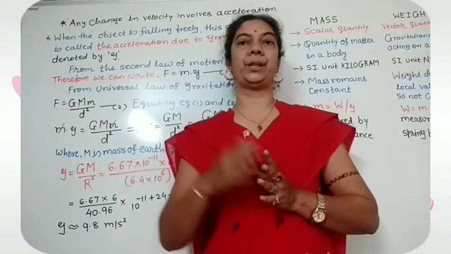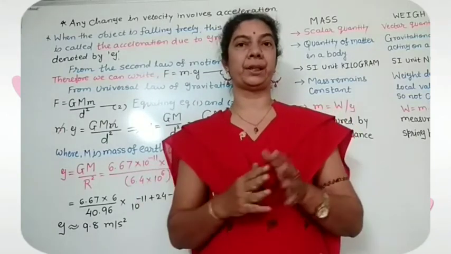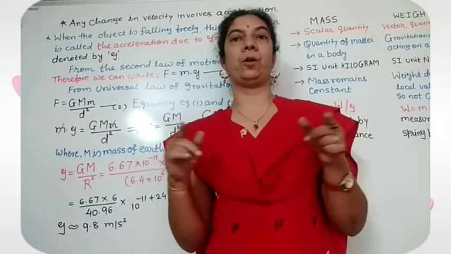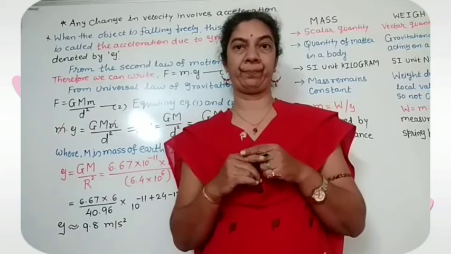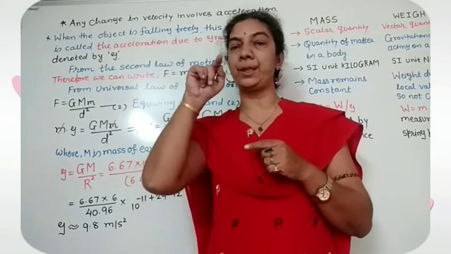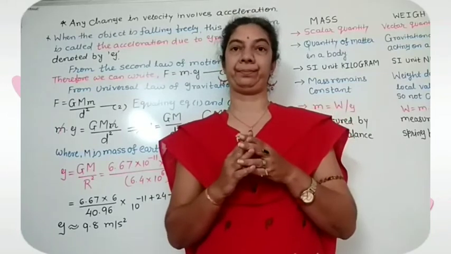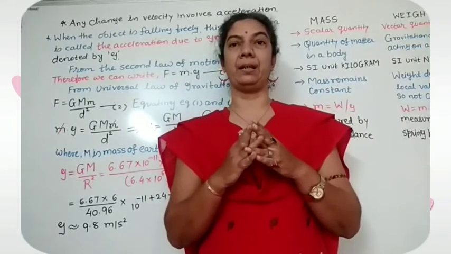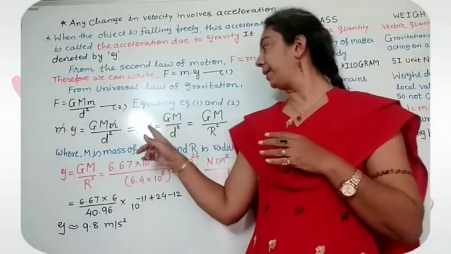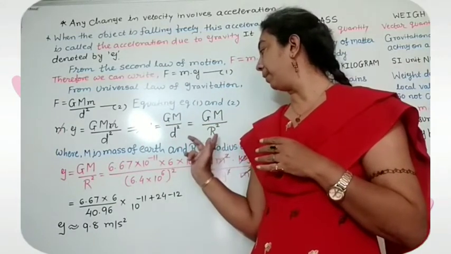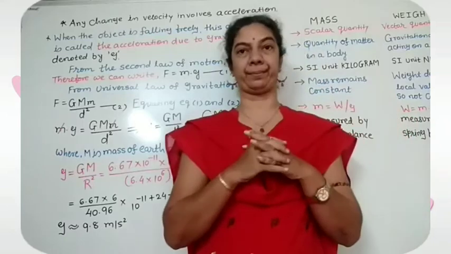Even if the object is at some height from the surface, compared to the radius of the earth, that distance from the surface to the object is negligible. As a result, we can write this expression as capital G into capital M upon capital R square.